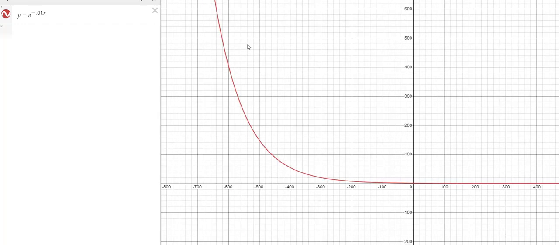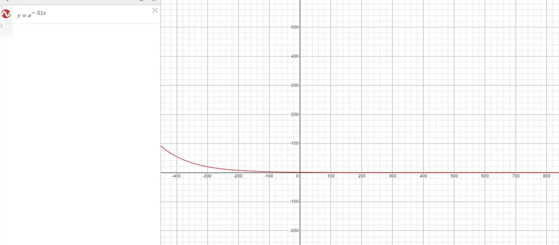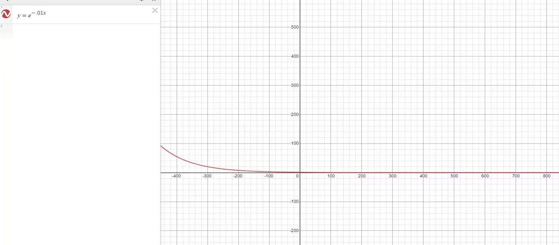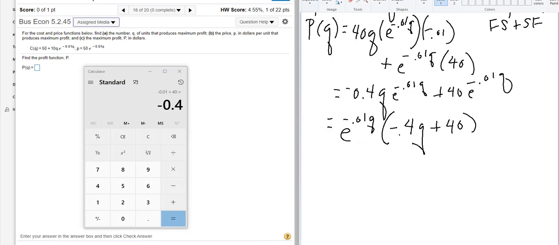Same sort of thing, except it's flipped over going the other way, but it still never crosses 0. So that's really helpful to us because this can never be 0. So this is never equal to 0.